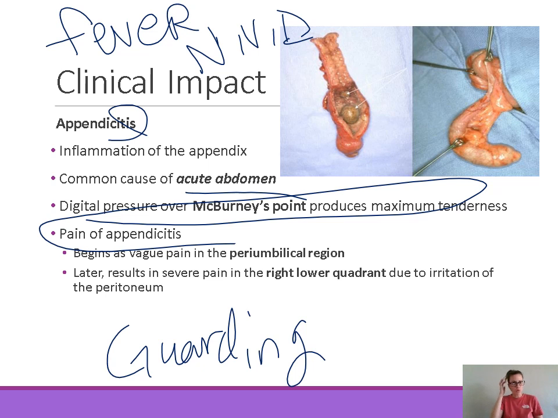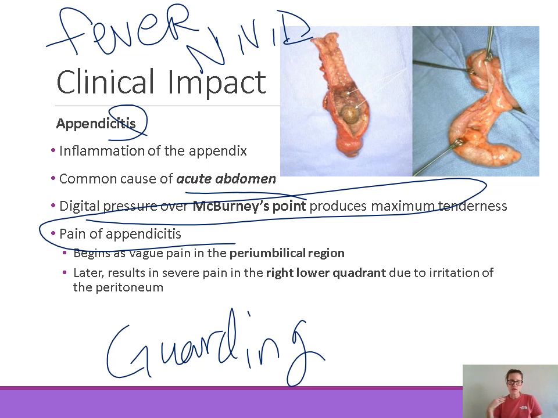Remember McBurney's point, that's 1/3 of the way from the anterior superior iliac spine to the umbilicus on the right side. McBurney's point is directly over where the base of the appendix is. So when you put digital pressure there, you're increasing the pressure on an area that already has too much pressure, that has pain. So that produces maximum tenderness and pain.